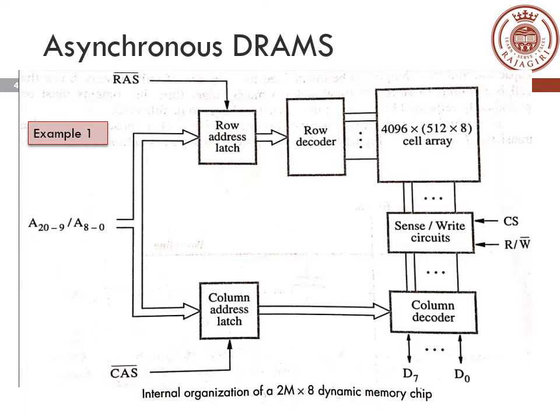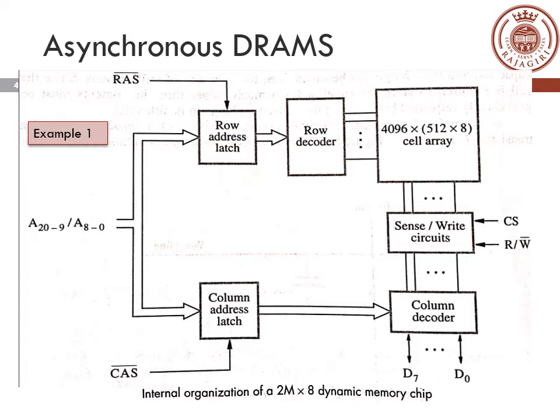You can write into the memory or read from the memory using the sense and write circuits. And you can see the control signals. You are having CS, which is the chip select, and the read or write operation. You can also see the control signals RAS bar and CAS bar, which are basically the row address select as well as the column address select.